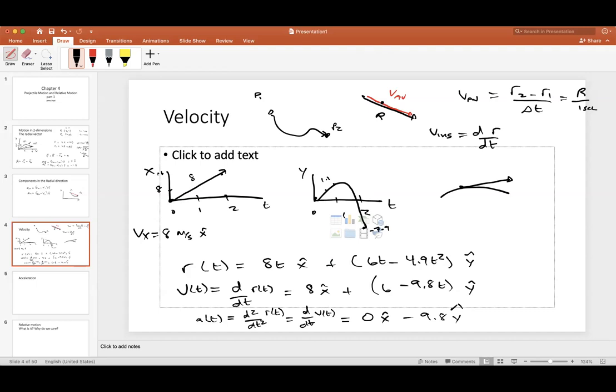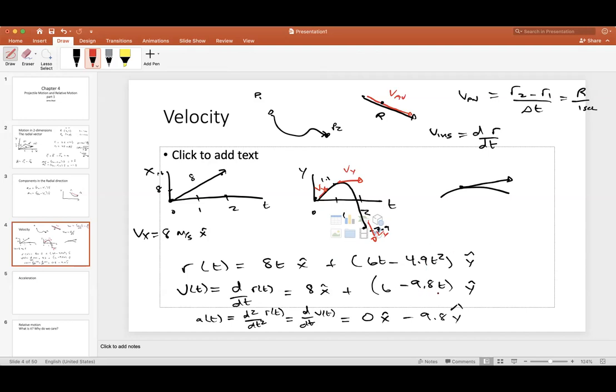At any point along this graph, I can draw an arrow that's tangent, parallel to the path, right? And that will be my velocity in the y direction at that time. And I can see that my velocity is changing with time. At time 0, it's 6. At time 1 second, it would be negative 3.8.